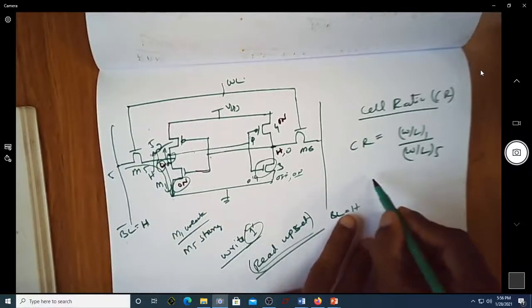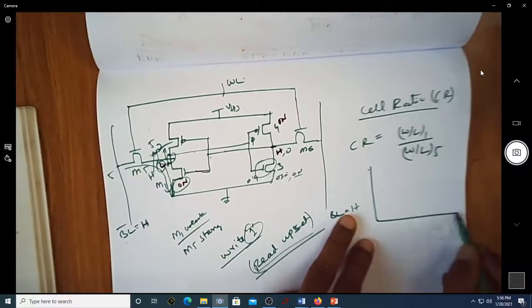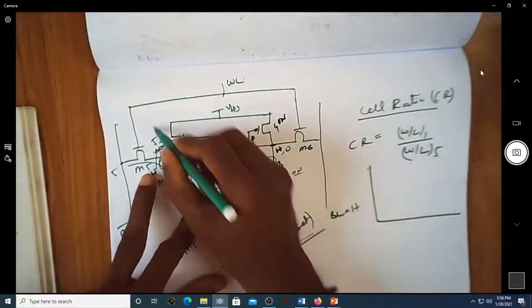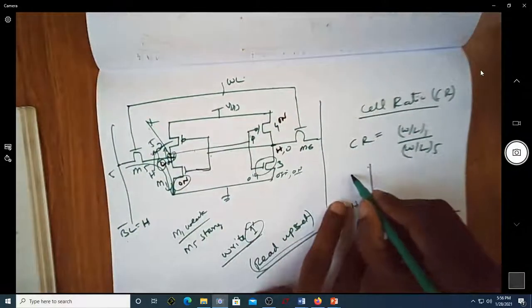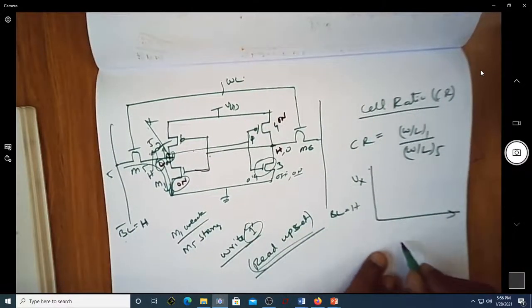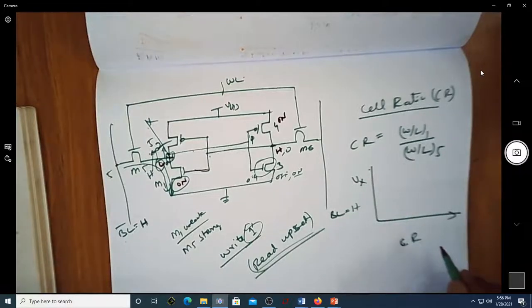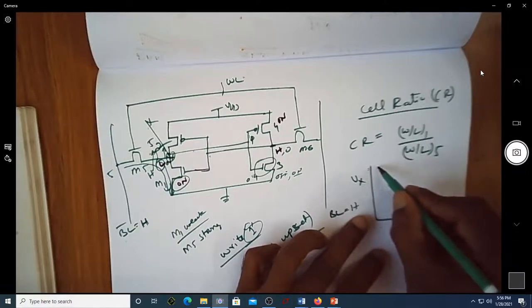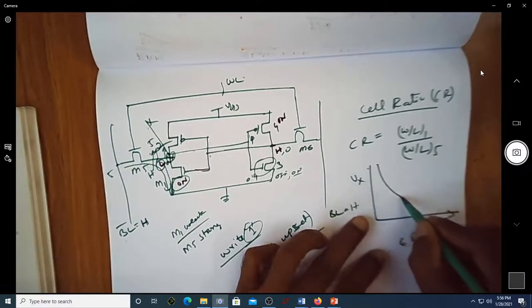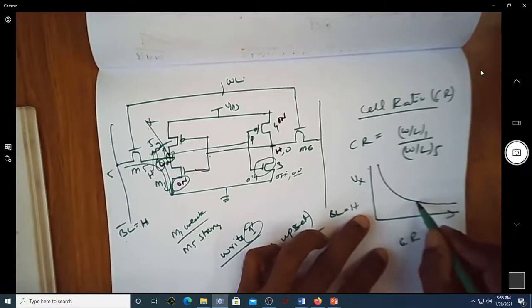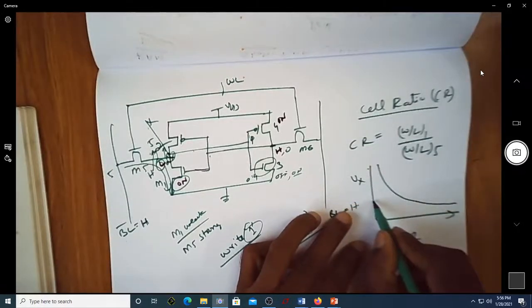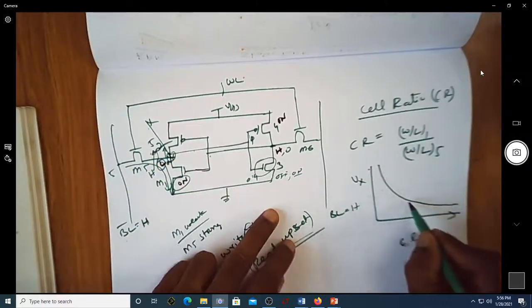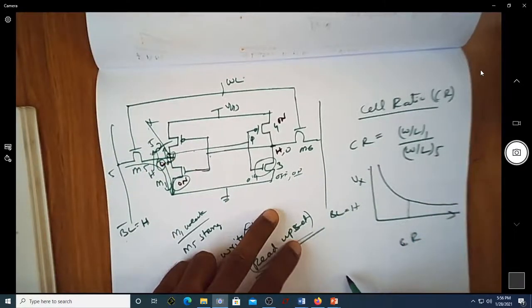Let us find out the voltage at this node, say node voltage X, as the cell ratio keeps increasing. This is the voltage at the X point for a particular dimension of 0.25 micrometer.